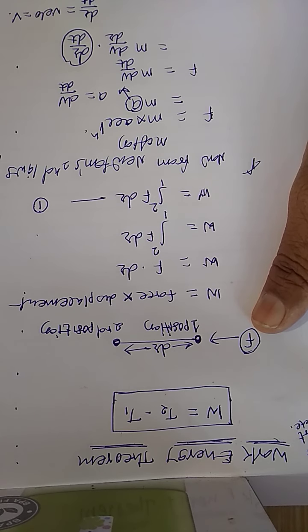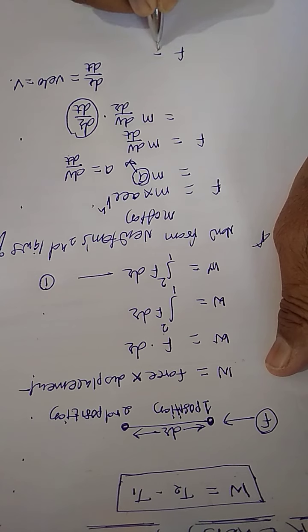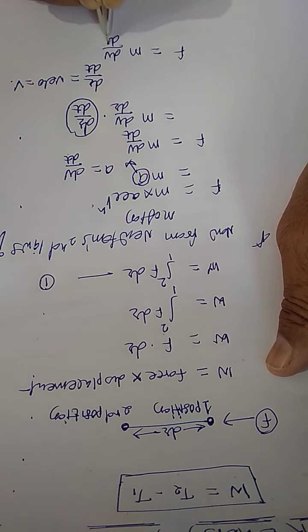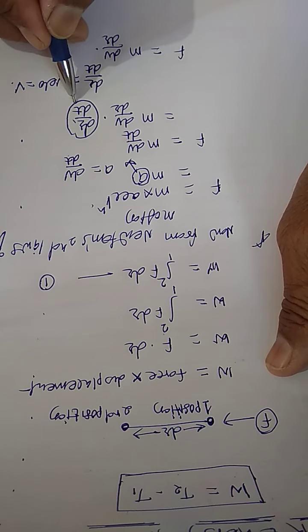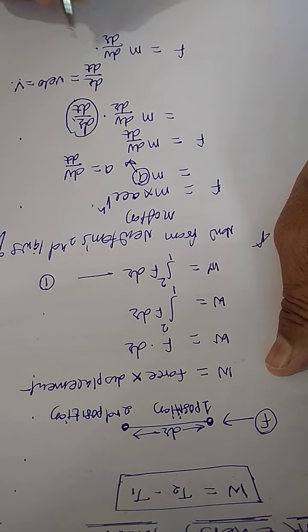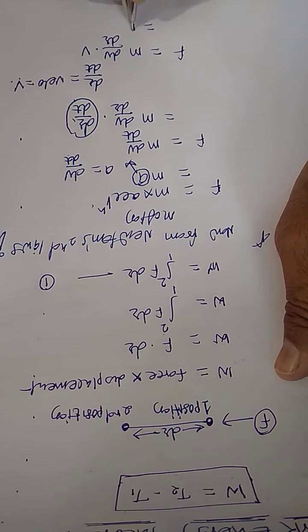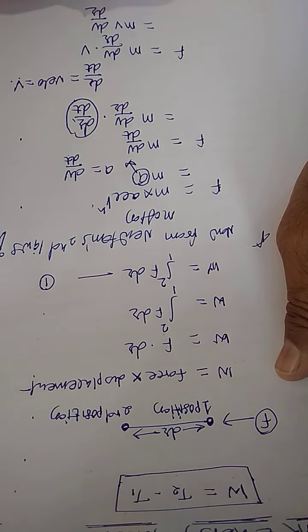Therefore F equals m into dv by dr into dr by dt, which is equal to m v dv by dr.